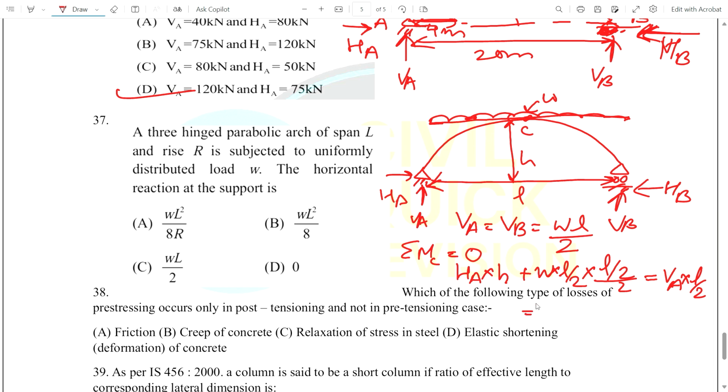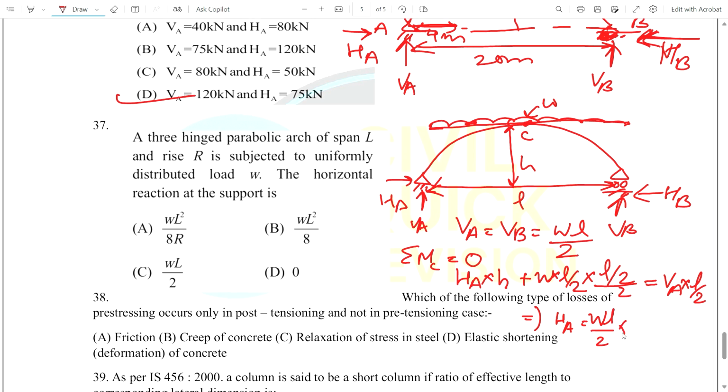If we calculate from this, we get HA equals VA, which is WL by 2, into L by 2.